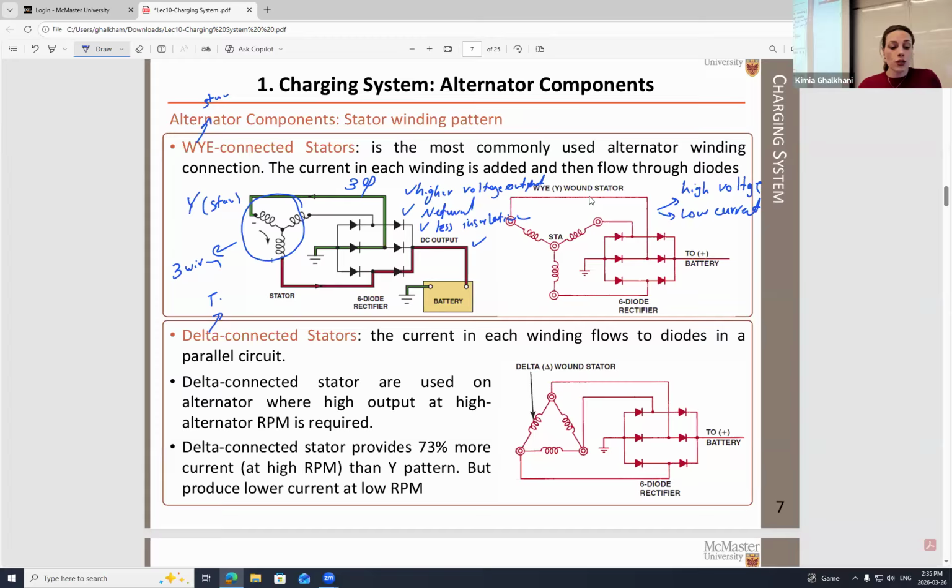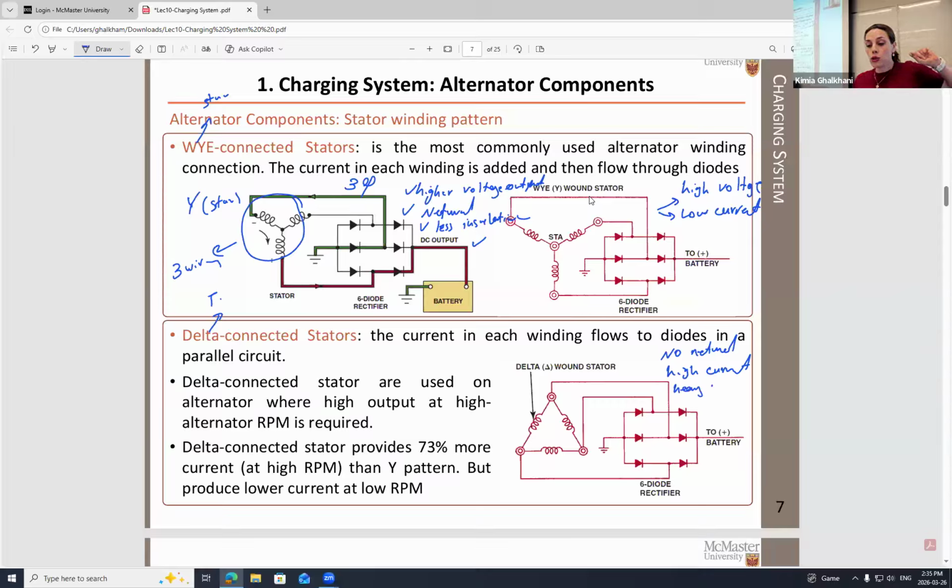But what's the difference with delta? With delta, first, we do not have a neutral. So I would say no neutral. That's what we have in here. We have higher current, which is the opposite of the Y. In Y, we have low current. But in delta, we have high current. And of course, in here, this one is better for heavy load supply, right?